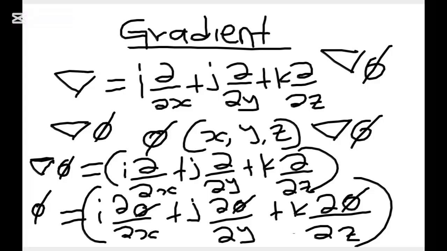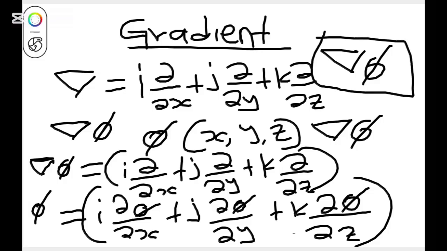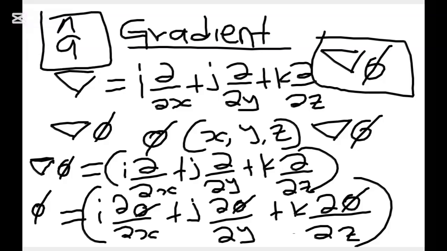as I explained before. You have to notice that the component of this del psi in the direction of a unit vector, let's say this is a unit vector, is given by... let me have some space.